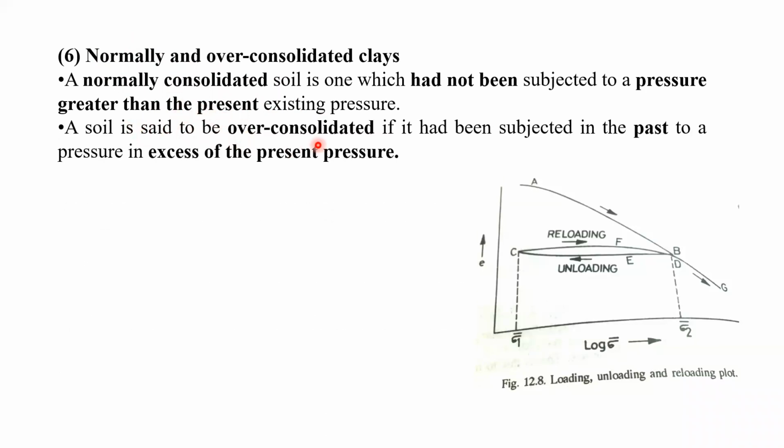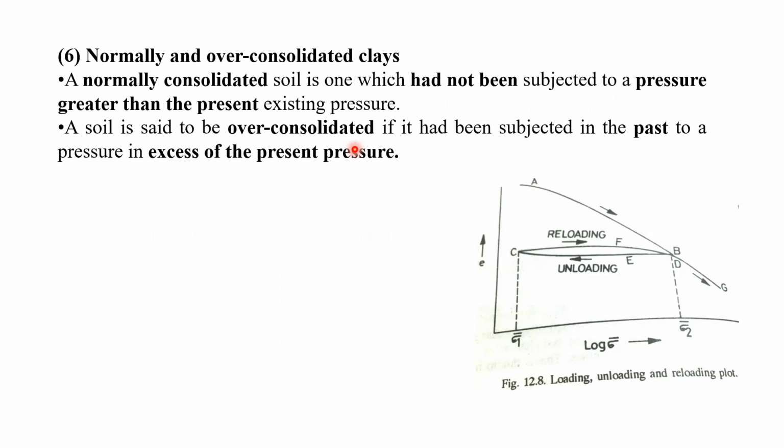A soil is said to be over consolidated if it had been subjected in the past to a pressure in excess of the present pressure. That means, suppose the site is vacant and some construction was already there, the building had been dismantled, right? And suppose 5 kilonewton per meter square pressure had been developed on that soil.